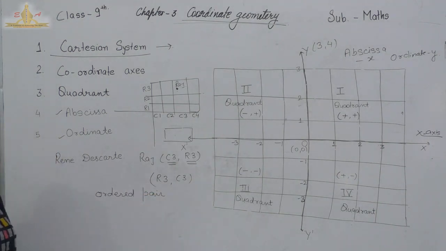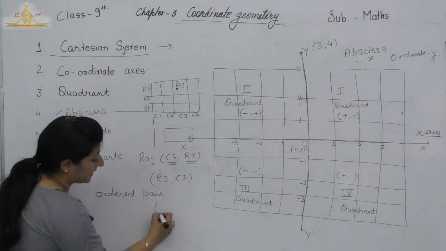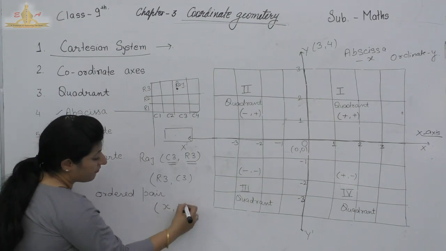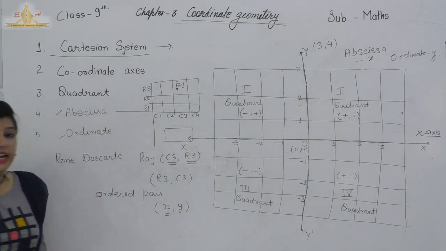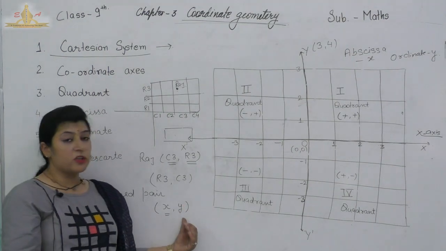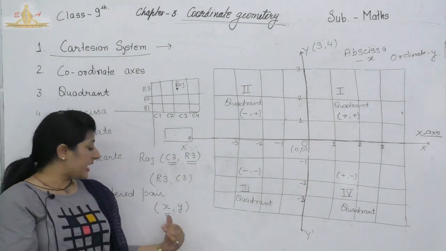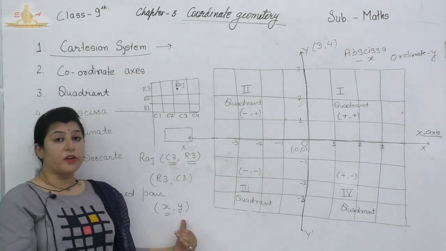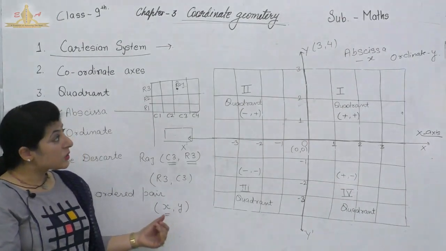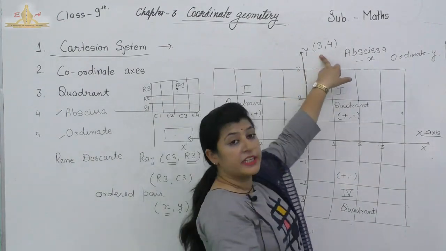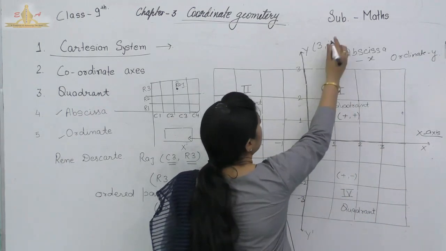What is the meaning of ordered pair? It means first comes the value of the x-axis, then the value of the y-axis. This (x, y) is an ordered pair.